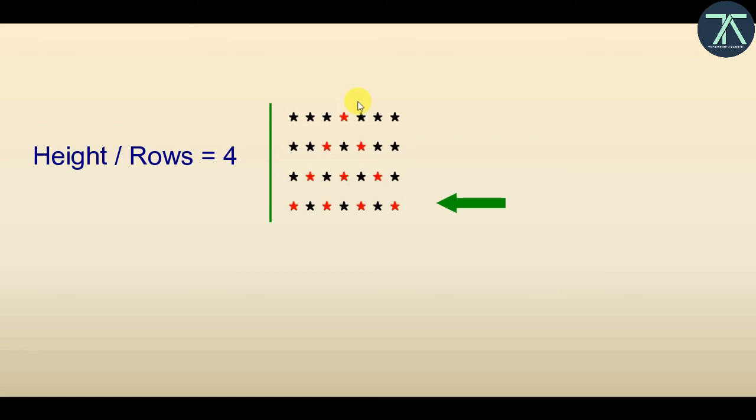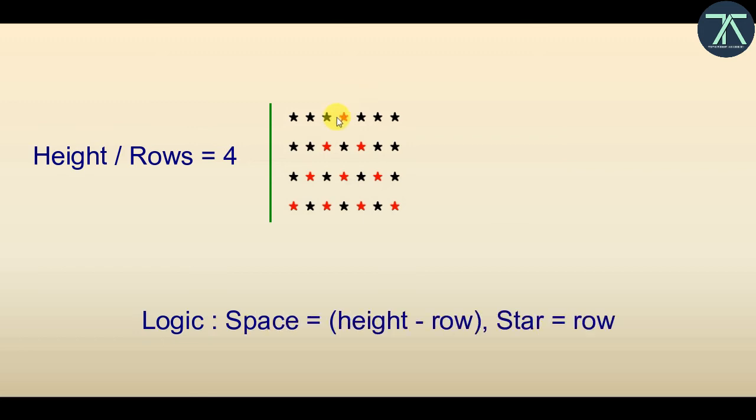So the logic is that the first row has height minus 1 number of black stars on the left side of the first occurrence of the red star. That means we have 4 rows, and the first row has 4 minus 1, that is 3, black stars on the left side of the first occurrence of the red star.